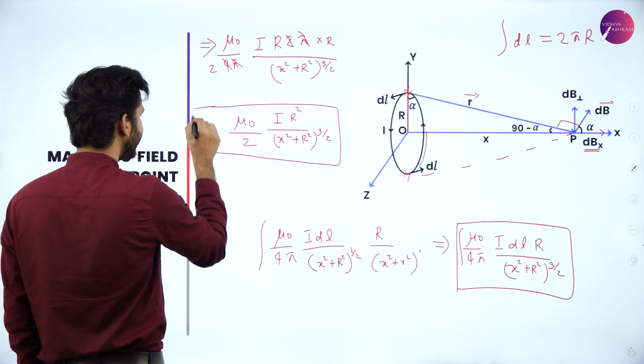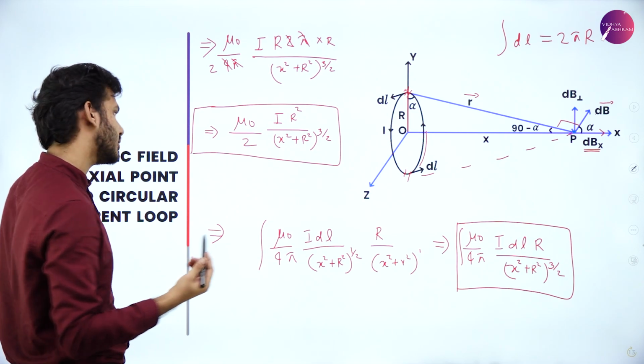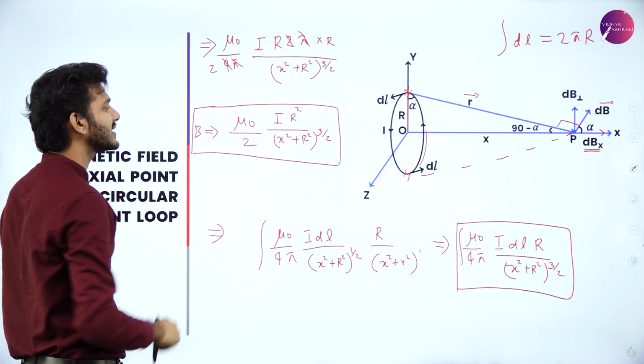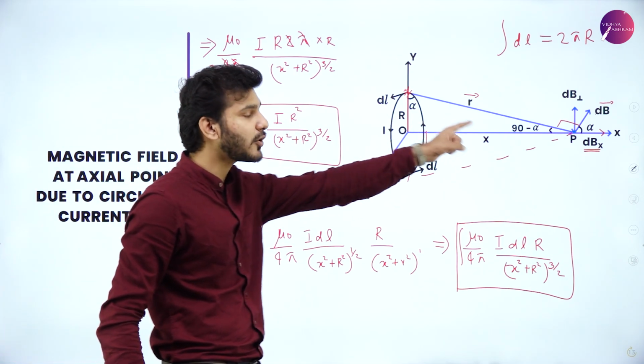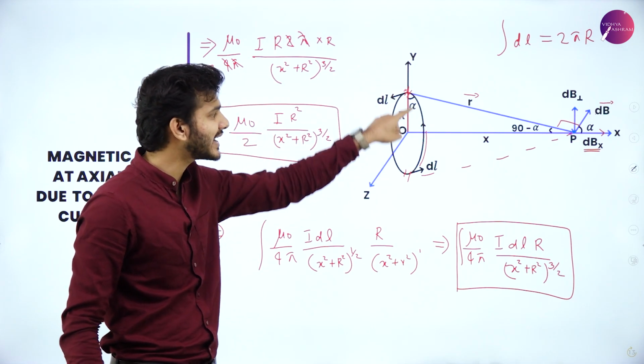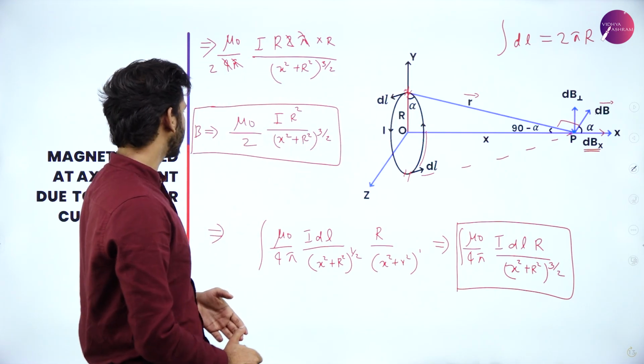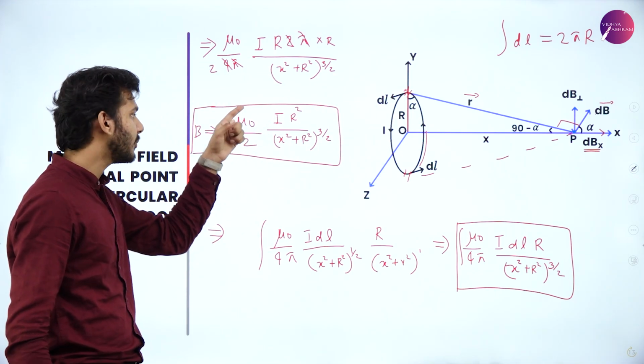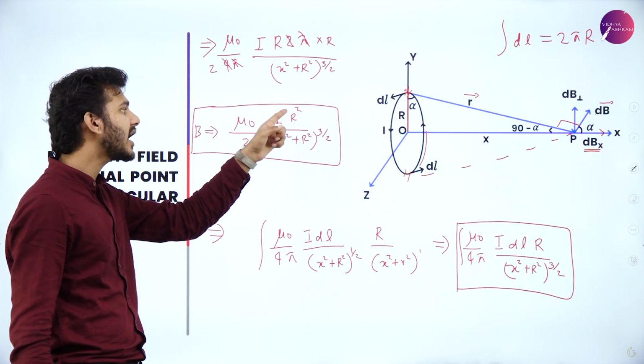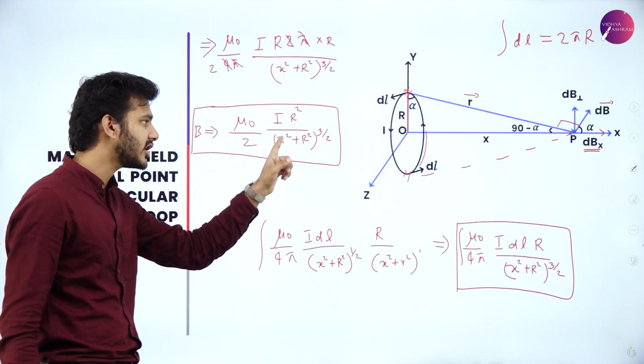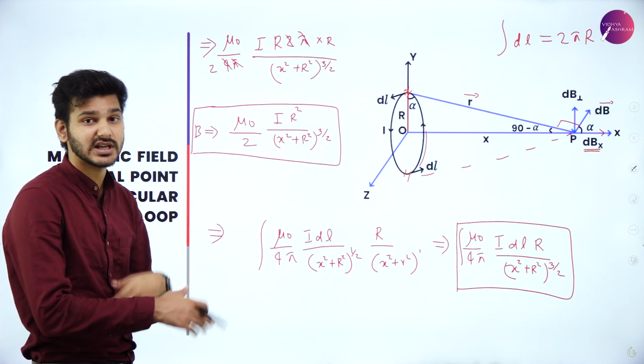This is the final form of the equation to find out the magnetic field experienced at point P due to a current carrying circular loop. So B is equal to mu naught by 2 into I r square divided by x square plus r square whole raised to 3 by 2.